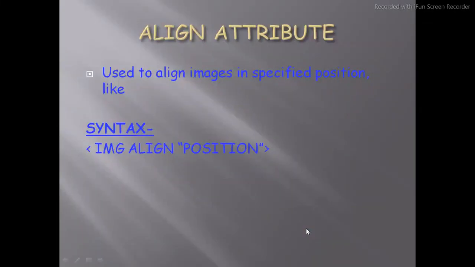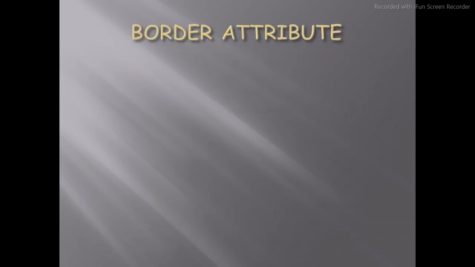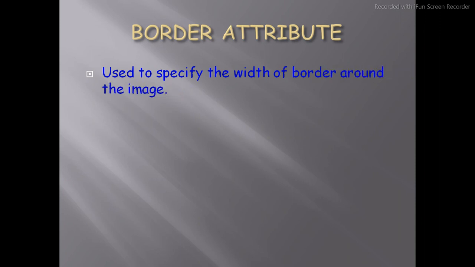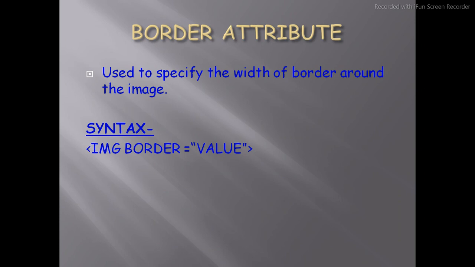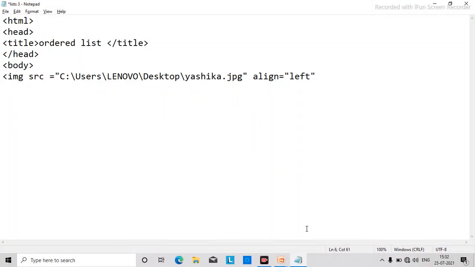So now you can see here the border attribute is used to specify the width of the border around the image. Syntax: img border is equal to the value. Suppose after align left, then border, I want it to be 4. Okay, done.